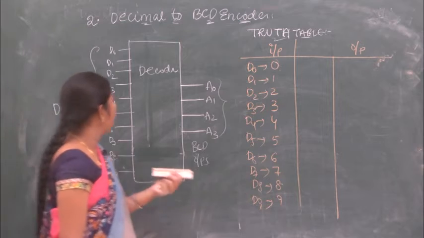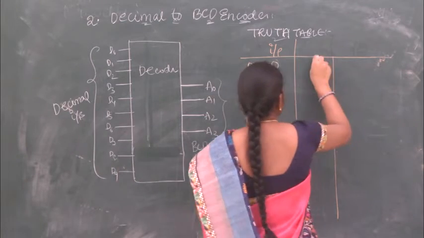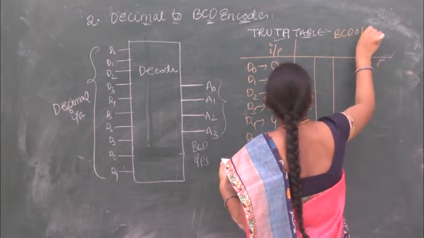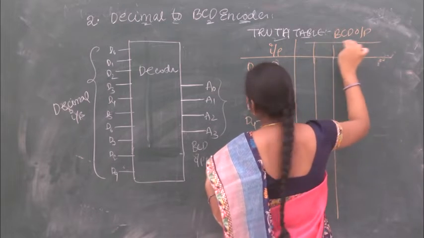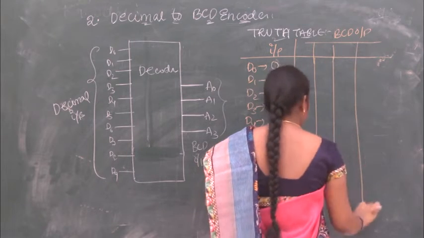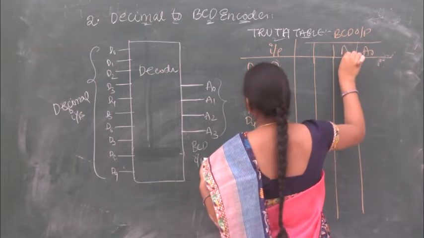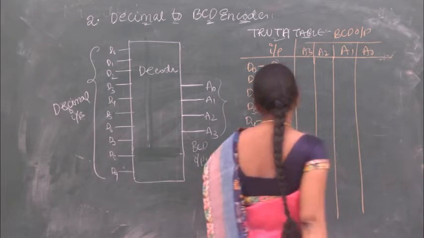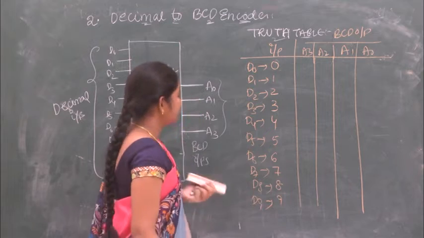We need to find the outputs, BCD outputs, which are A0, A1, A2 and A3. Right?